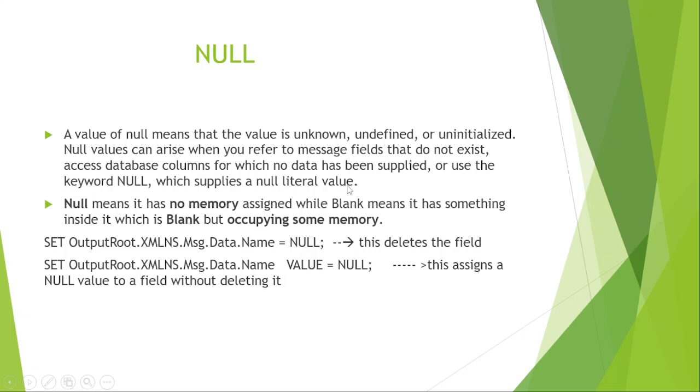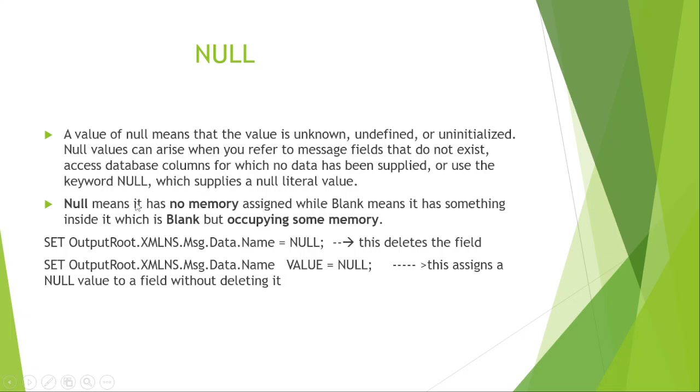So there are three ways we can use null. Either in a logical tree there is a field that does not exist, and if you initialize that, it will give you a null value. Or a database column does not exist, and if you are trying to fetch some value, then it will give you a null. Or if you directly want to supply the null, then you can do it like this.